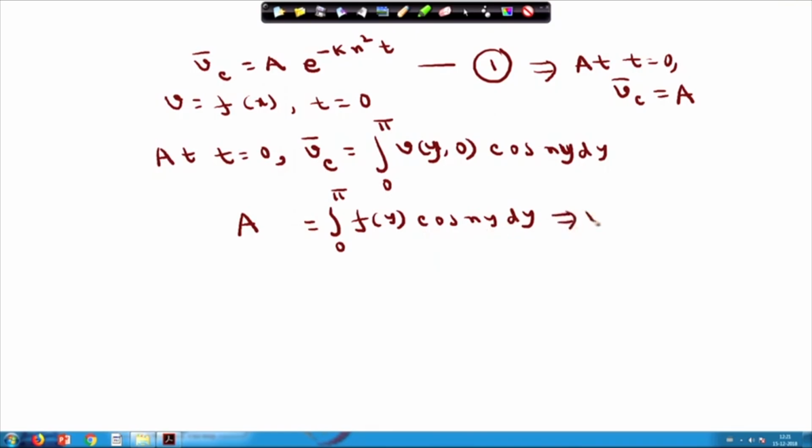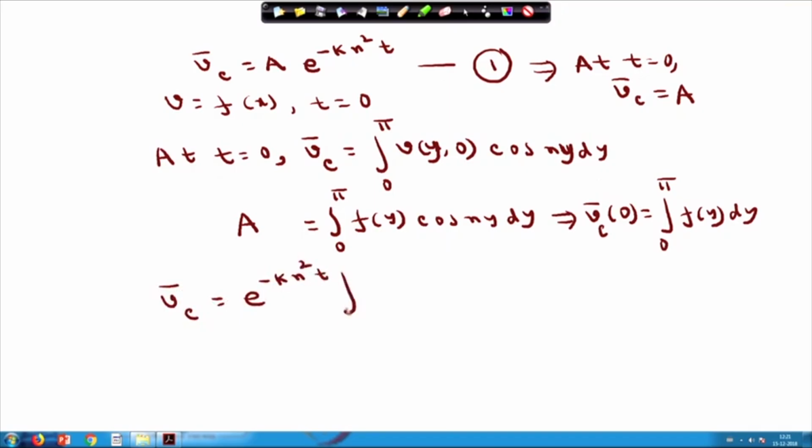From here, V bar c 0 will be equals to simply f y, because the cos term becomes 1, integral dy. So, now if I substitute the value of A here, e power minus k n square t will come outside the integral 0 to pi, so that it is f y into cos of n y dy.